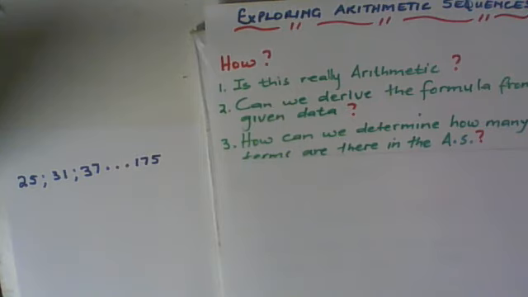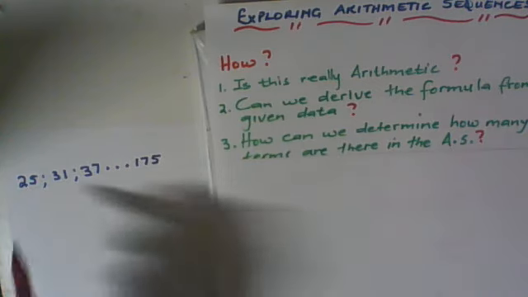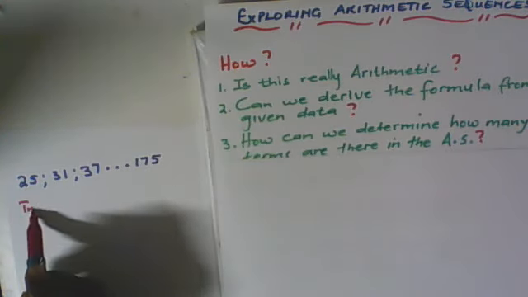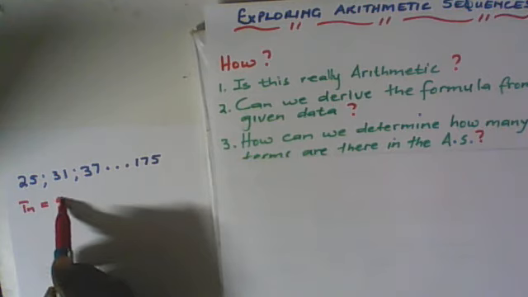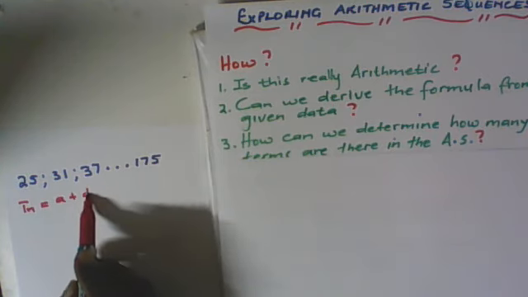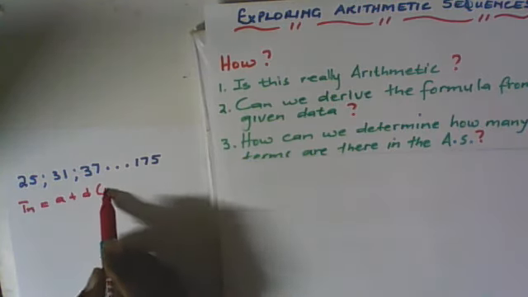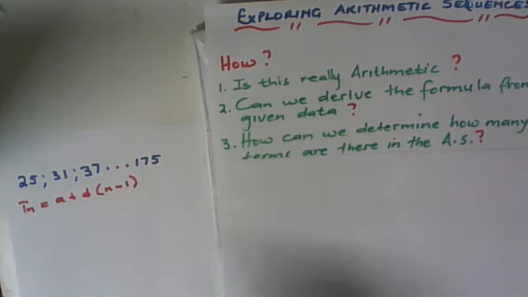How do we get the formula? By using the general term, guys. Tn is equal to A plus D into n minus 1.